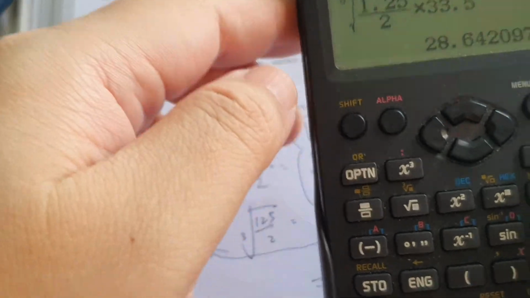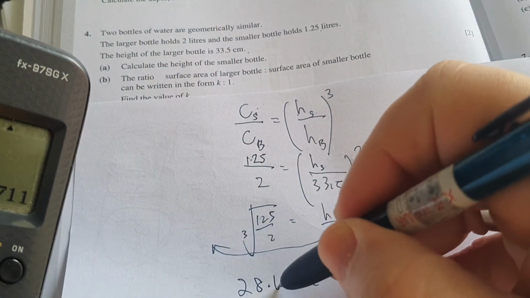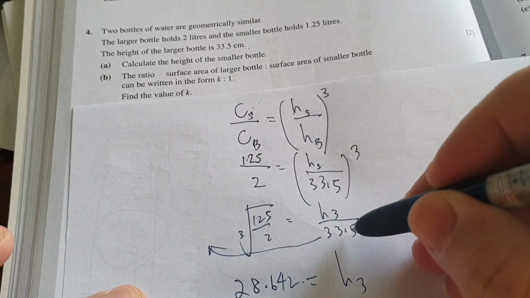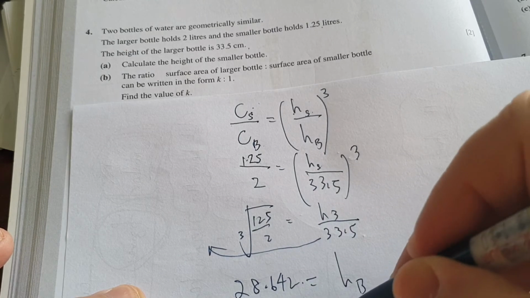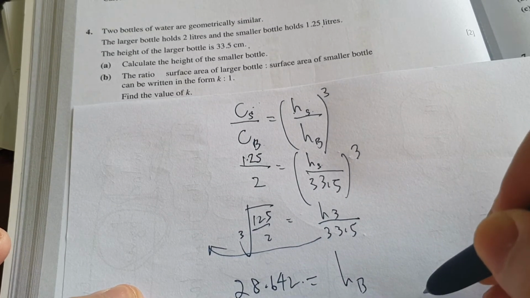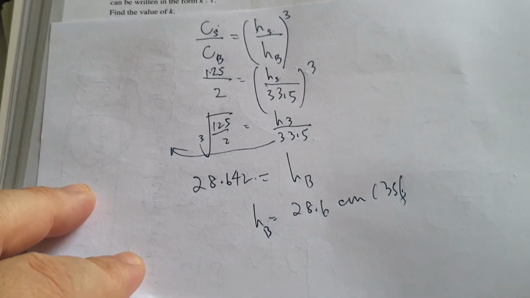That will give me 28.6 something, 28.642, then it will be 28.6 cm, 3SF.